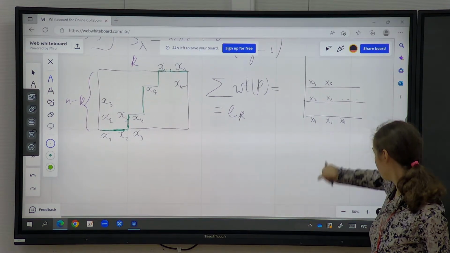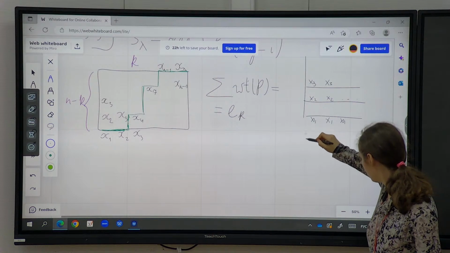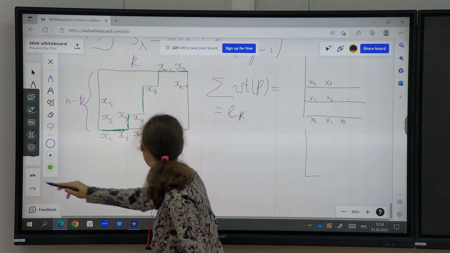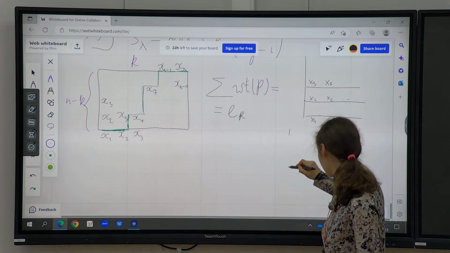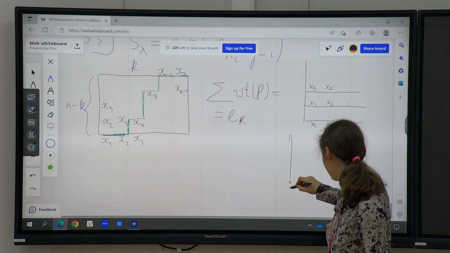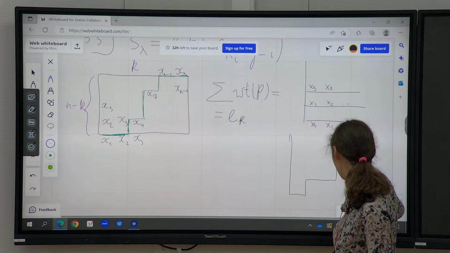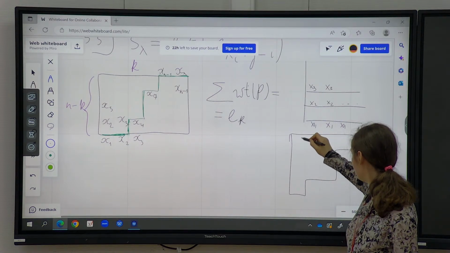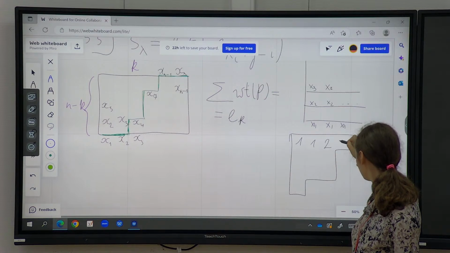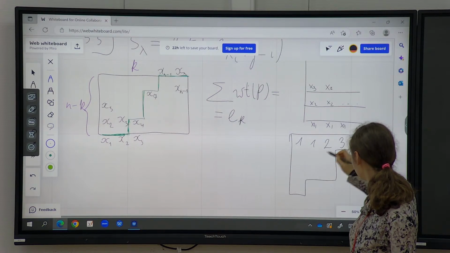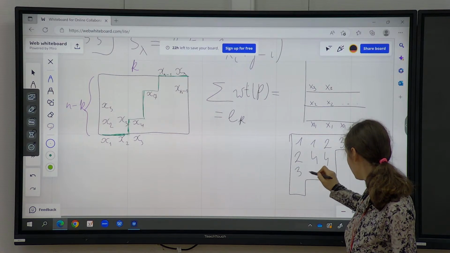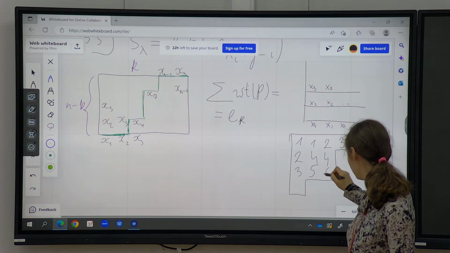So what do we do next? Next we have some Young diagram, tableau. 8, 2, 4, 4, 3, 6, 6.